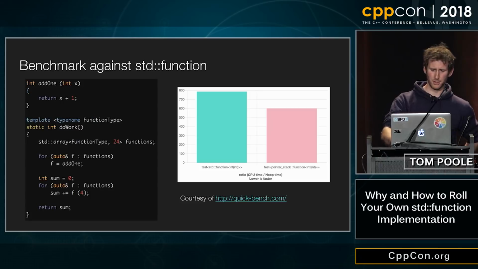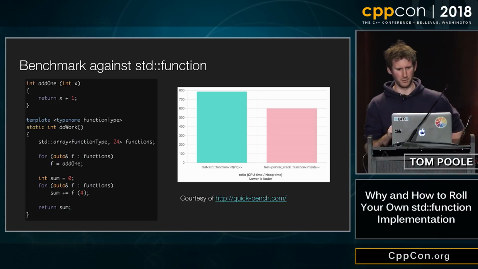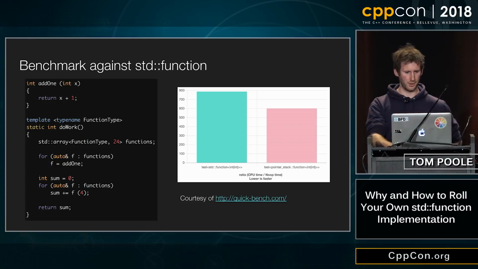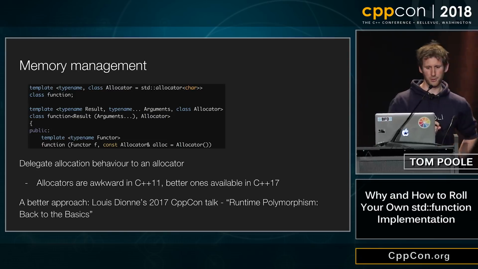What this translates to is that actually we can get a pretty significant speed up over std::function. Again, this is a pretty targeted benchmark, so you're unlikely to see a 30% speed increase just from switching to this, but nevertheless, it's notable. So we can do that, and we can get a bit of extra runtime performance.